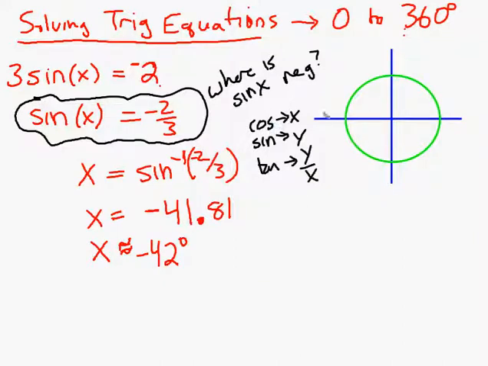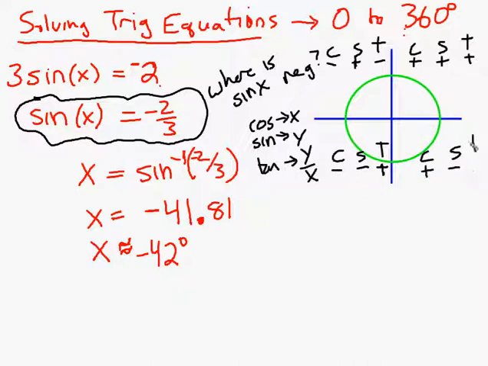In the first quadrant, cosine, sine, and tangent are all positive. In the second, cosine is negative, sine is positive, tangent is negative. In the third, cosine is negative, sine is negative, but tangent is positive. In the fourth quadrant, cosine is positive, sine is negative, and tangent is negative. I'm actually going to erase all that because it should already be in our notes.